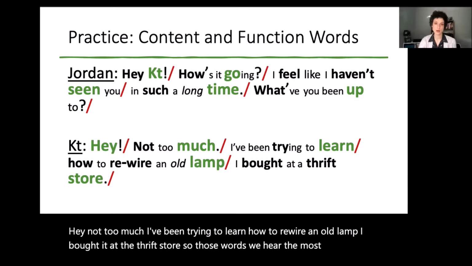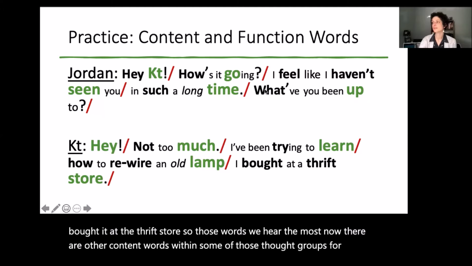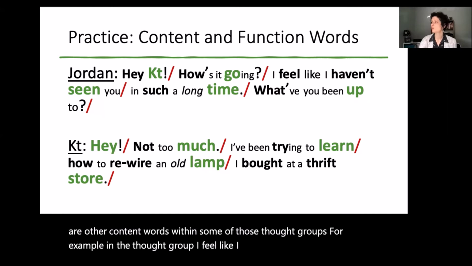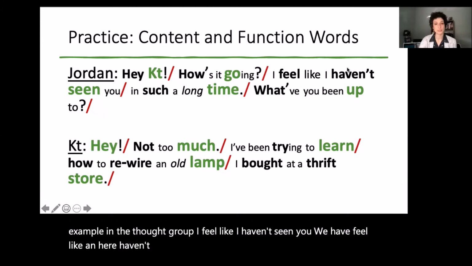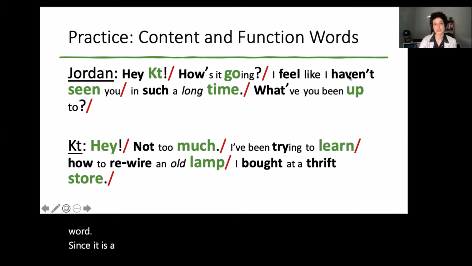Now, there are other content words within some of those thought groups. For example, in the thought group "I feel like I haven't seen you," we have feel, like, and haven't, even though this normally wouldn't be a content word, since it is a negative, it is stressed.